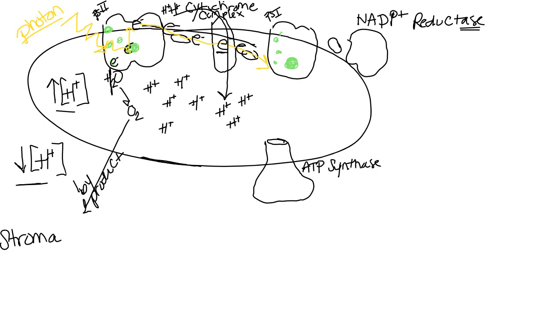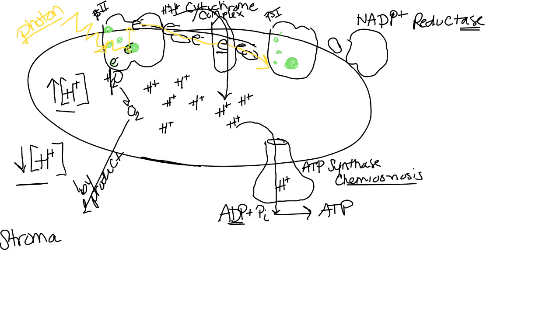photophosphorylation. We've reached it. We're going to take ADP plus the free inorganic phosphate, and it's going to become ATP. This is not for free. Energy needs to be available to do this. Where's the energy going to come from? It's going to come from hydrogens going through ATP synthase via chemiosmosis, and that's a passive transport.